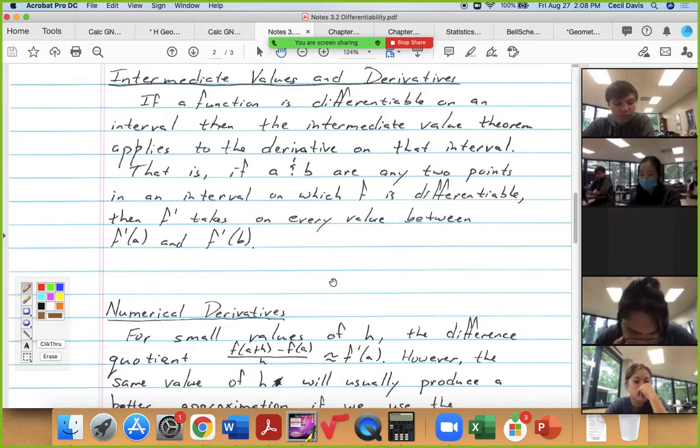So that means that if a and b are any 2 points in an interval for which the derivative of the function exists, in other words, f is differentiable, then f prime takes on every value between f prime at a and f prime at b. It's just handy to know that sometimes.